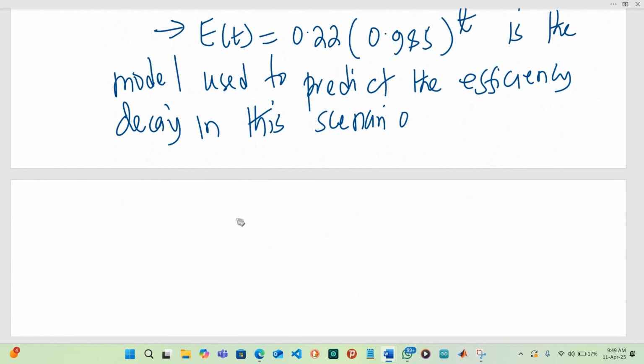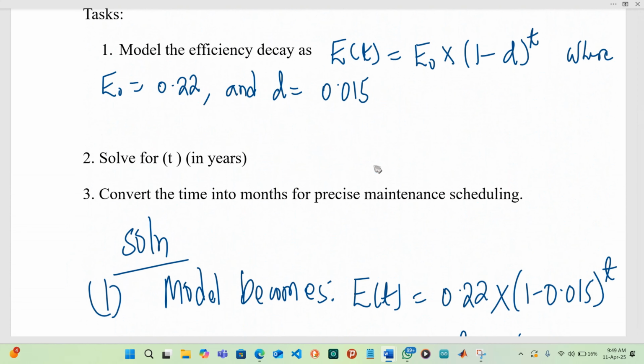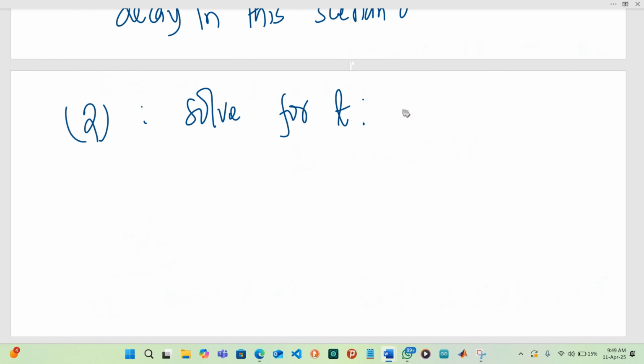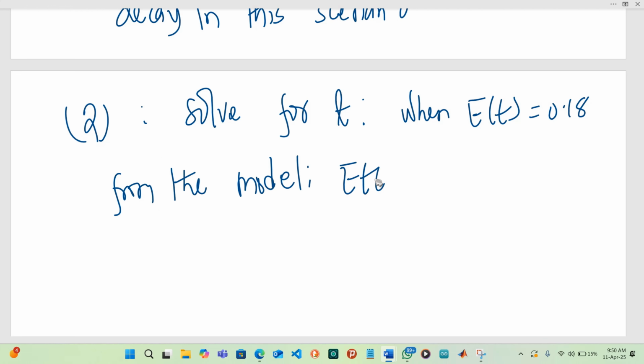So let's go. We solve for t in years. Number 2, solve for t in years when E of t equals 0.18. From the model, E of t equals 0.22 times 0.985 power t.